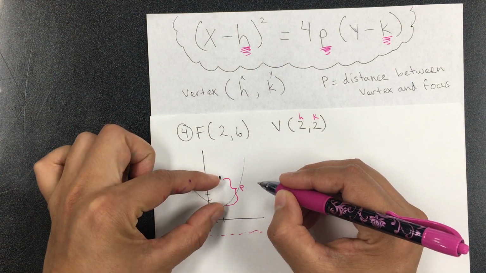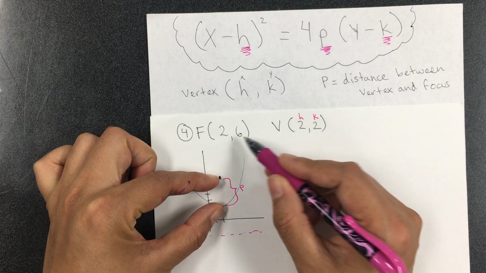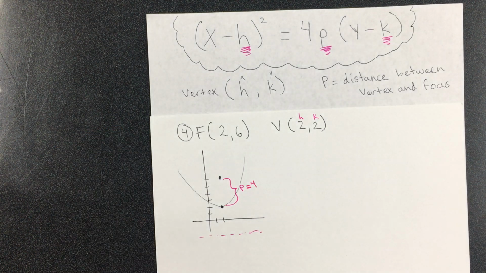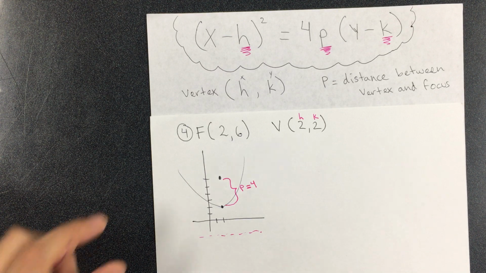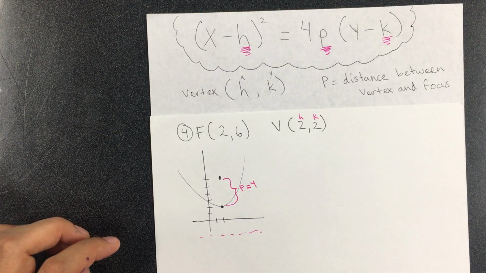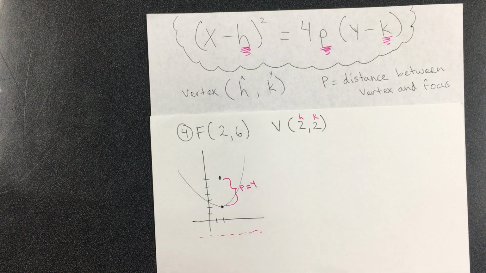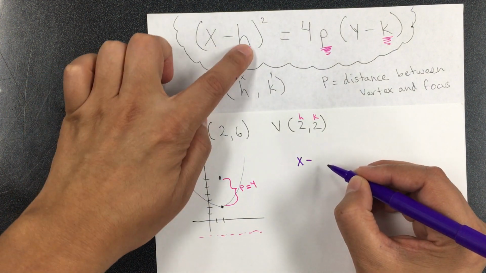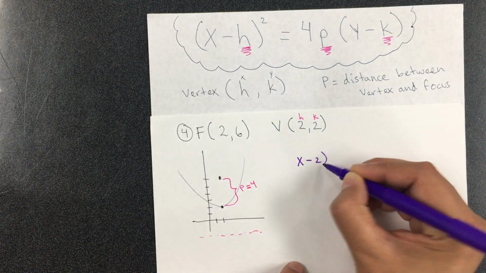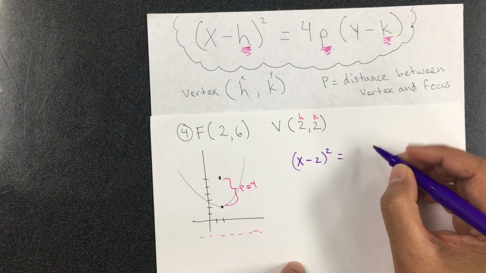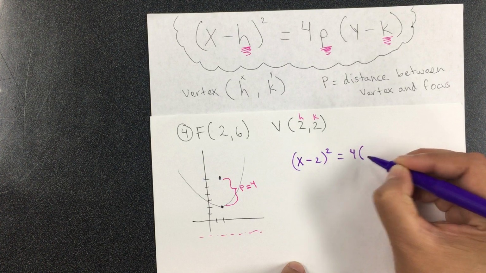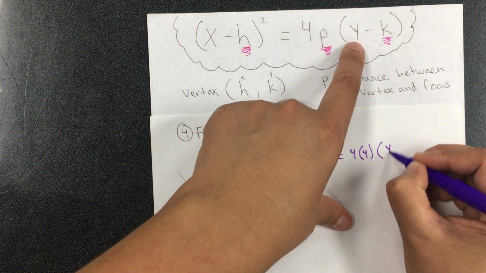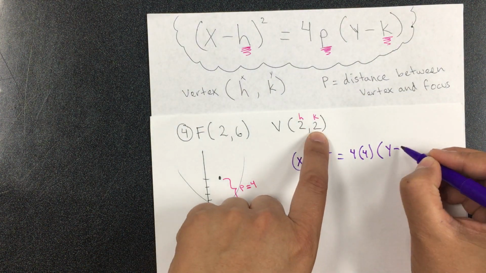From 2 to 6 is 4, so that's our value for p. Now we can start working on our general formula, which is (x minus h) squared, h is 2, equals 4 times p, which is 4, times (y minus k), which is 2.